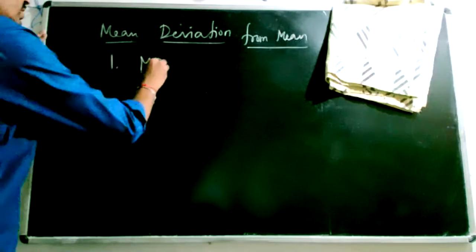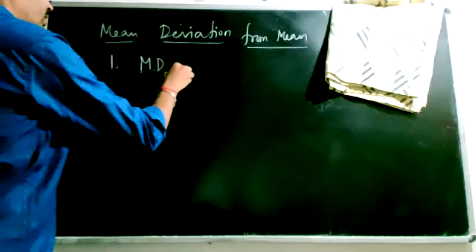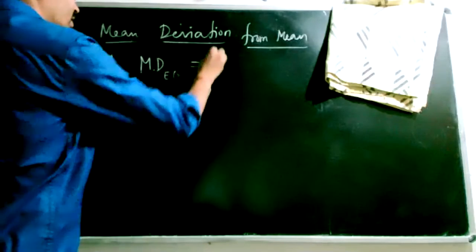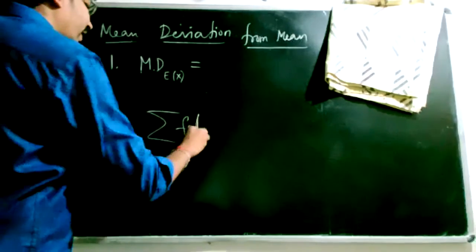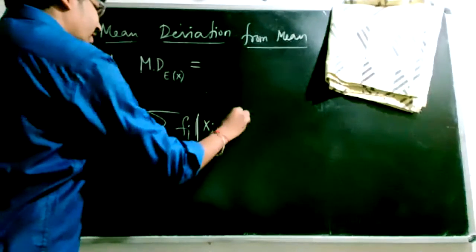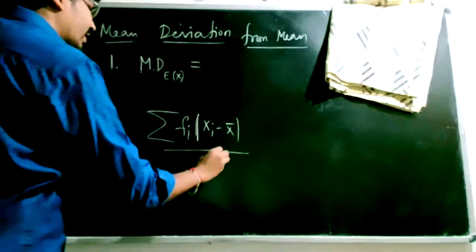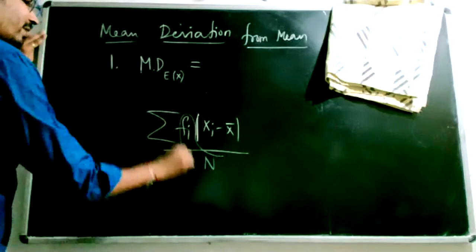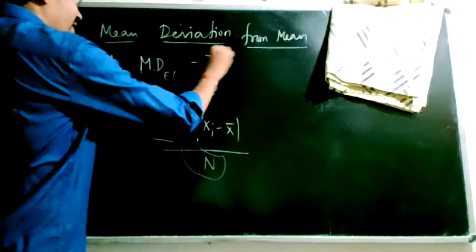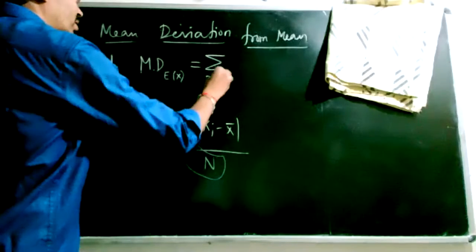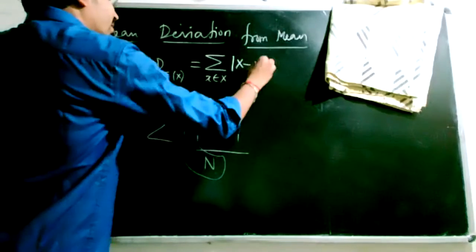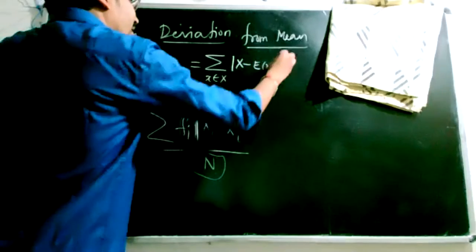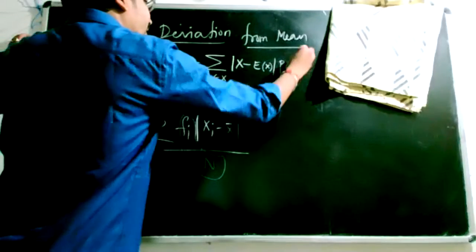So mean deviation from mean, I'll call that MD E of x. There, if you remember the frequency formula, it was summation Fi into mod xi minus x bar divided by capital N. So this F by N becomes probability. So you'll have the summation over all possible values of x of mod of every x minus the expectation, multiplied by the respective probability.